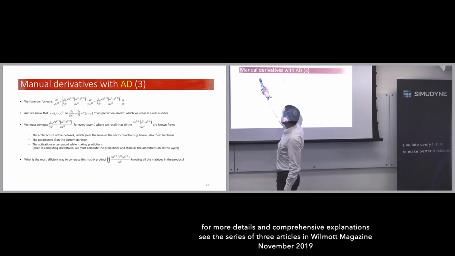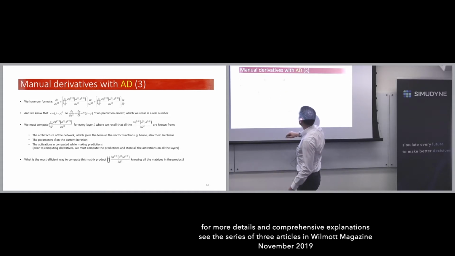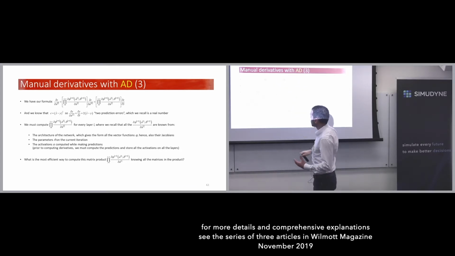We know dC over dA_l is the product, for the layers from l to capital L minus 1, of this Jacobian here, times the last one, dC over dA_L. And A_L is y hat, it's the same thing. So I just copy this over, and I replace dC over dA_L by dC over d y hat, because it's the same thing.